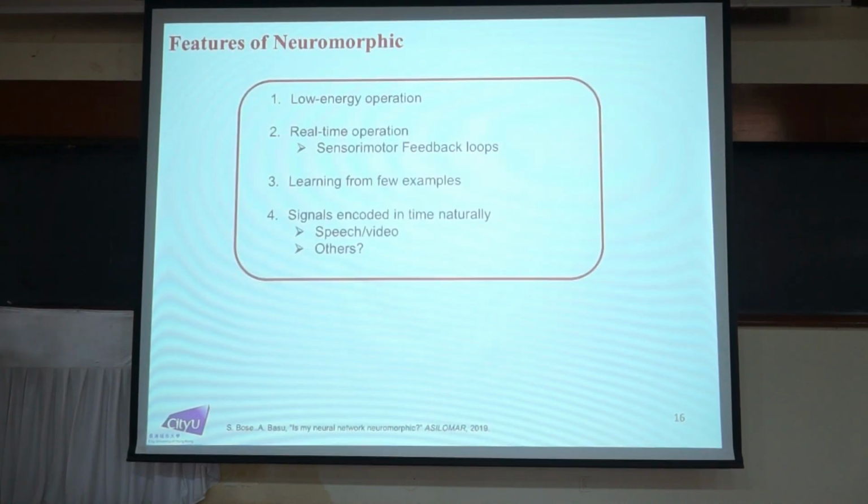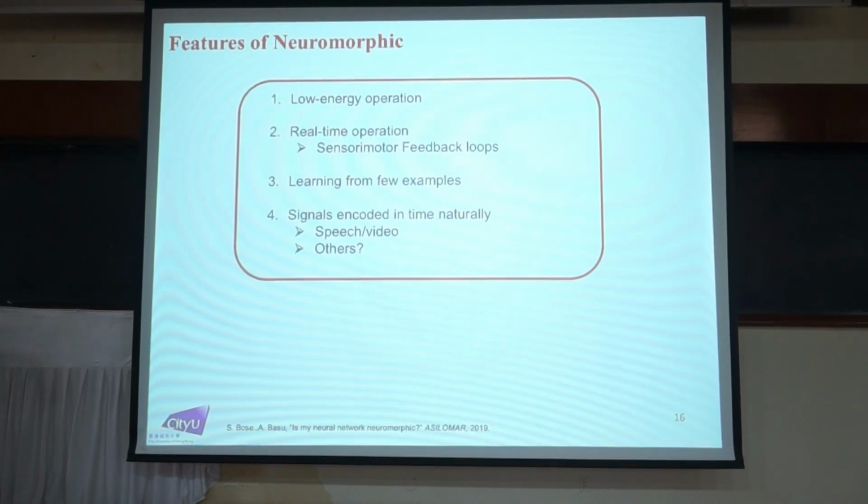Okay, so if you think about it, again, this is a discussion we have had in this meeting many times. What are good features for where neuromorphic systems are supposed to be very good? Generally, they're supposed to give you very low energy operation. Generally, we talk about real-time operation. So our brains are optimized for these tight sensory motor loops. So they should be good for systems where you have these kind of closed loop feedback systems.